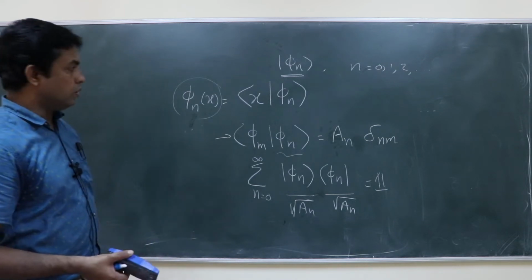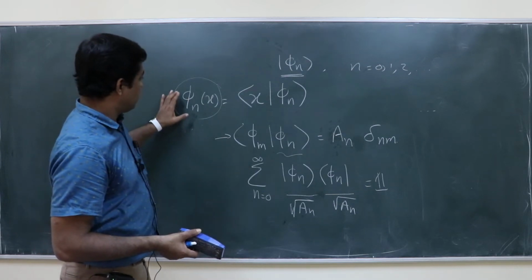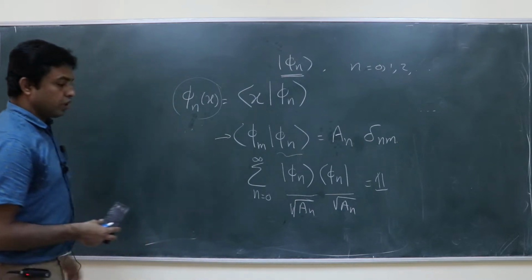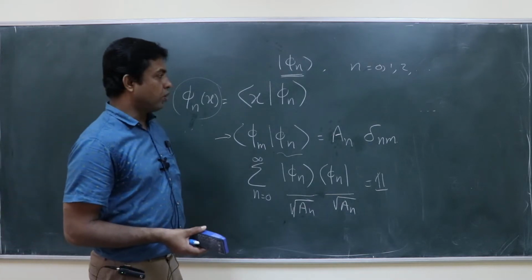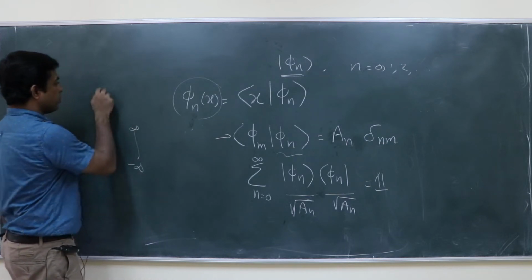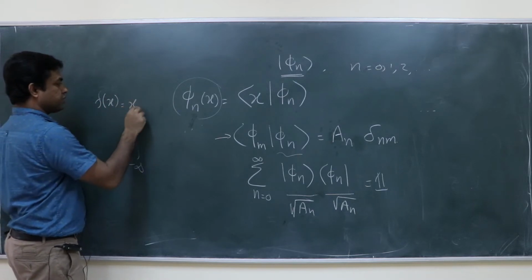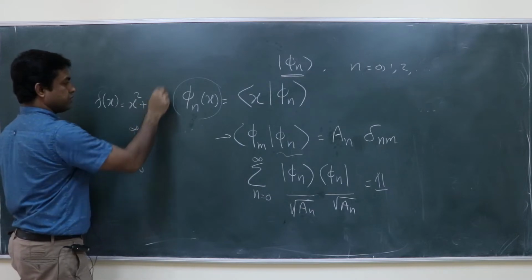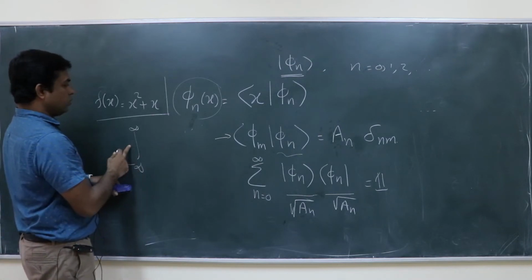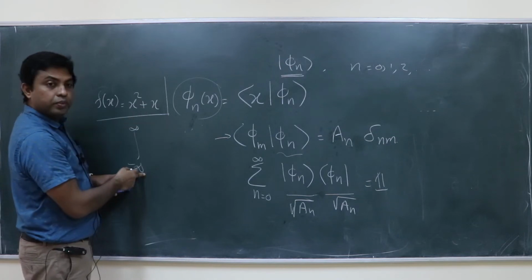Now we have to find the orthogonality relation and completeness relation for the polynomials phi n of x. In general, you know that the polynomials, if you just take minus infinity to infinity, suppose your polynomial is x square plus x, and I find out the norm of this, will that be square integrable?